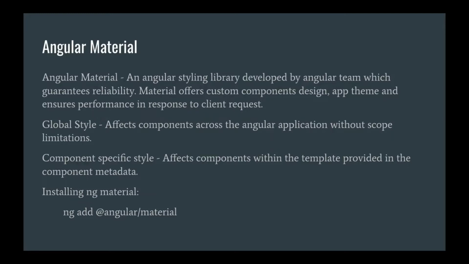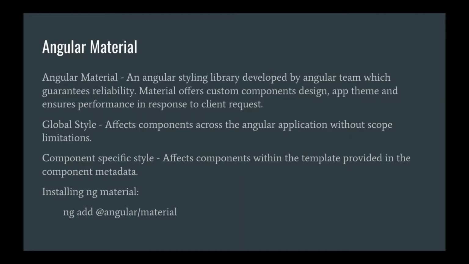Global style affects components across the Angular application without scope limitations. And component-specific style affects the template that is provided within the component metadata. If you look at the previous videos, you understand what we're talking about here. So that is that. And installing Angular Material, that will be ng add @angular/material.